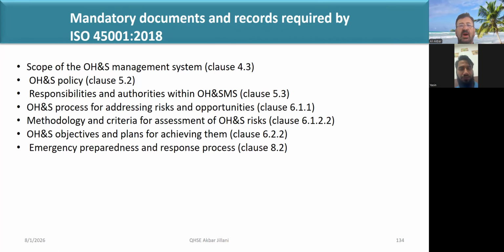Now, for the 6.1, OHS process for addressing risk and opportunity, 6.1.1, methodology and criteria for assessment of OHS risk. This will also be there, 6.1.2.2. Now, 6.2.2, they will have objectives. So the objective procedure, if they don't have the procedure, no problem.